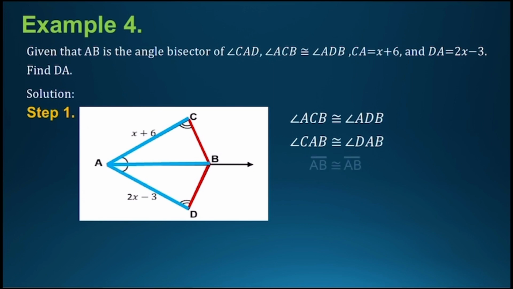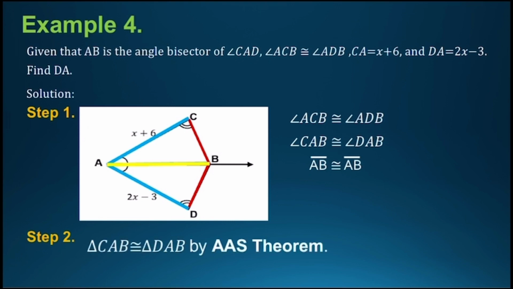And line segment AB is congruent to line segment AB by reflexive property. And for our step 2, from the illustration we made, we can say that the triangle CAB is congruent to triangle DAB by AAS theorem.